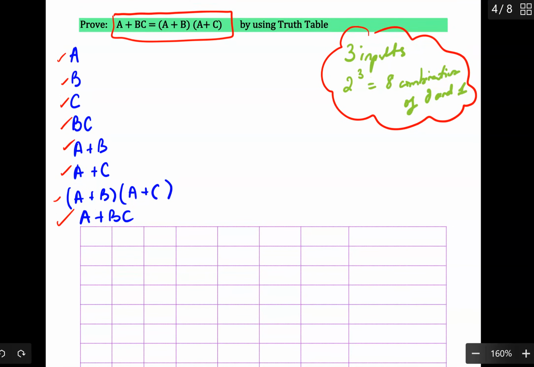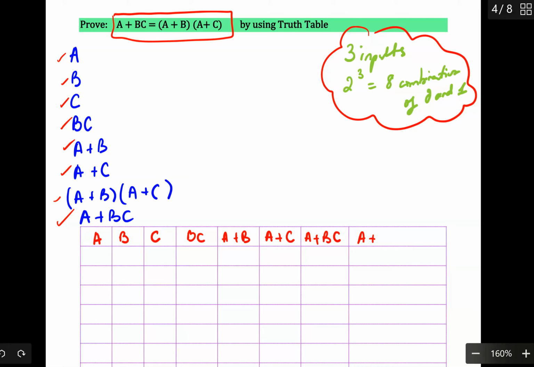Alright, so let's write it down in our truth table. I should have A, I should have B, I should have C. The next one I should have BC. The next one I should have A plus B. Then I should have A plus C. Then I should have A plus BC.